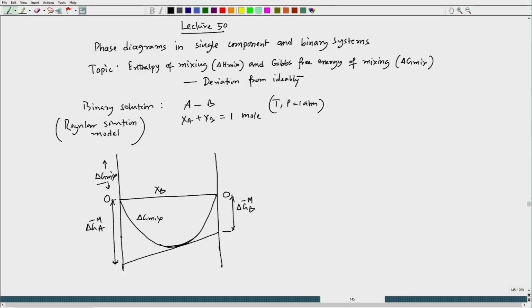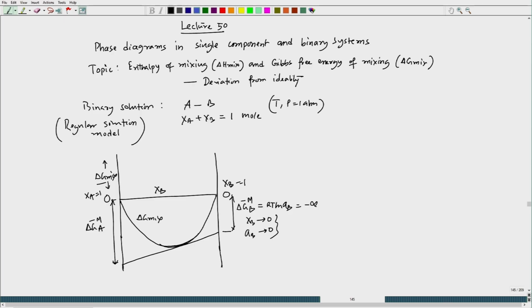This side is pure B, x B equal to 1, and here is pure A, x A equal to 1. We have seen that this becomes R T ln a B, and as x B tends to 0, a B tends to 0, so this goes to minus infinity.